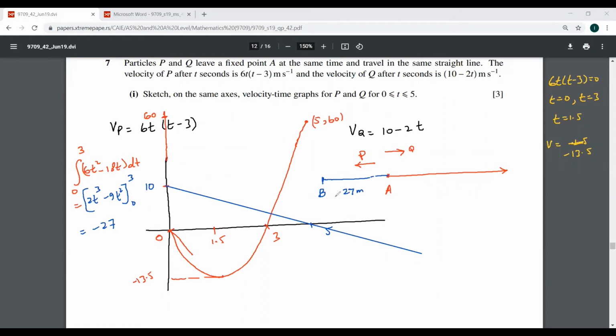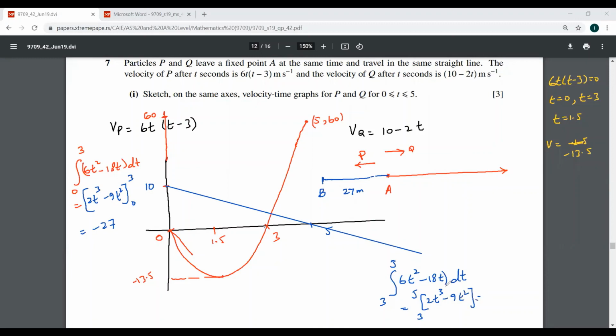And then we have to see how much distance it covers from 3 to 5, or what is its location from 3 to 5. So you will apply the same limits. We have already integrated it, so this is going to be the same 6t square minus 18t. We want to see where it lands after 5 seconds. So this is from 3 to 5, and the same integral 2t cube minus 9t square.